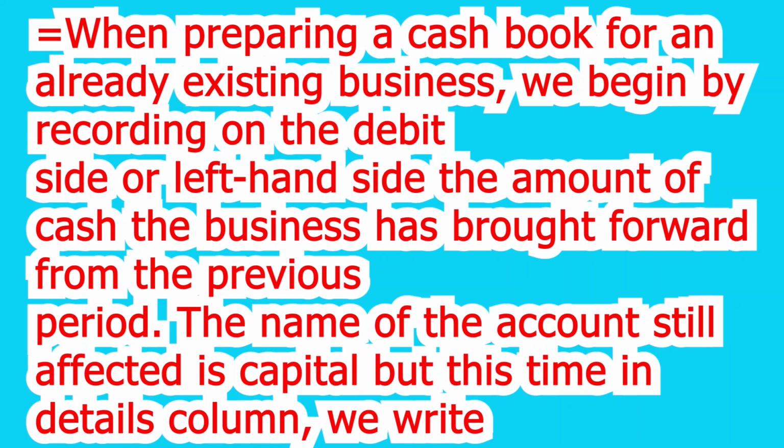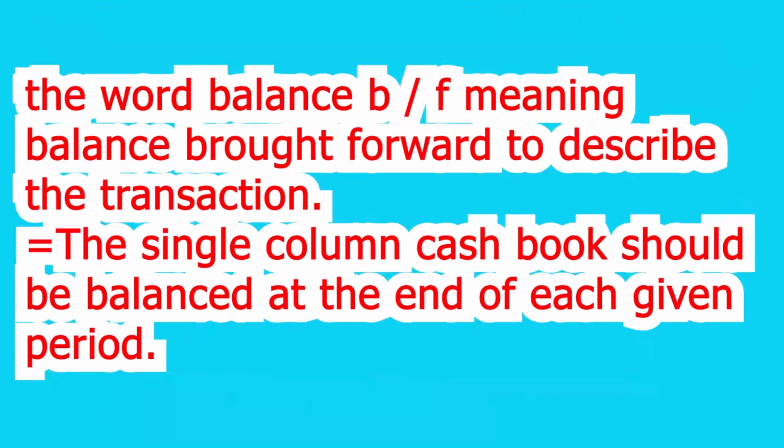The name of the account still affected is capital, but this time in details column we write the word balance B/F, meaning balance brought forward, to describe the transaction. The single column cash book should be balanced at the end of each given period.